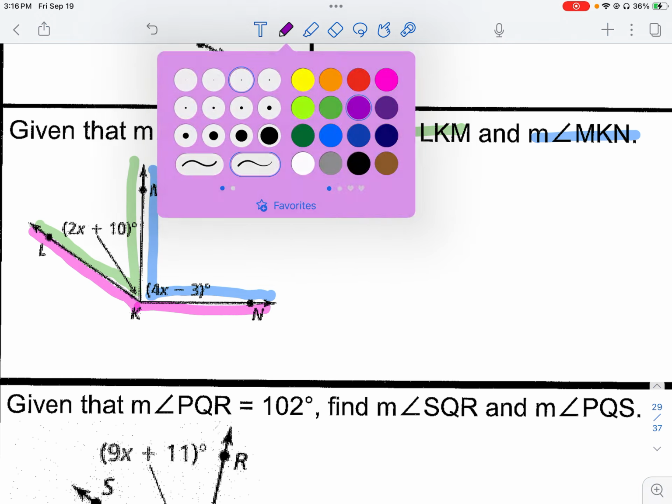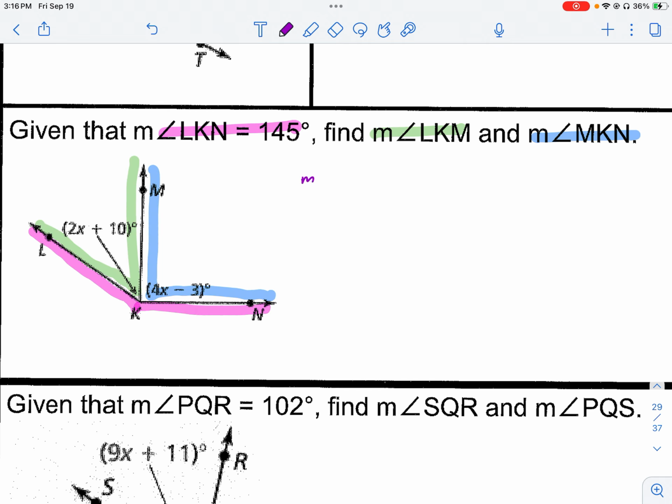So based on the angle addition postulate, we know that the measure of angle LKN equals the measure of angle LKM plus the measure of angle MKN.